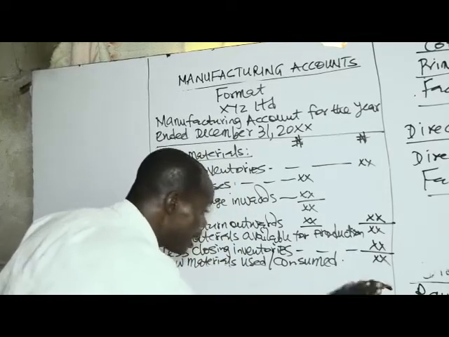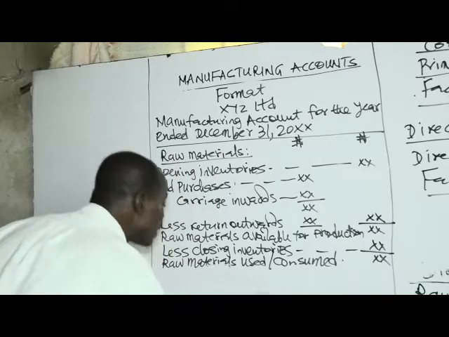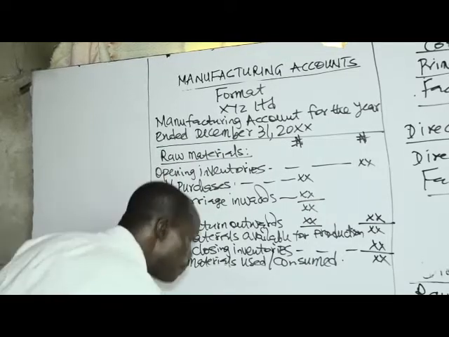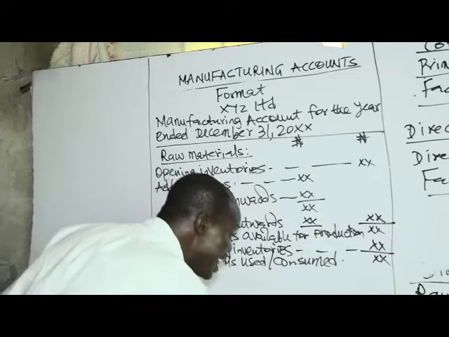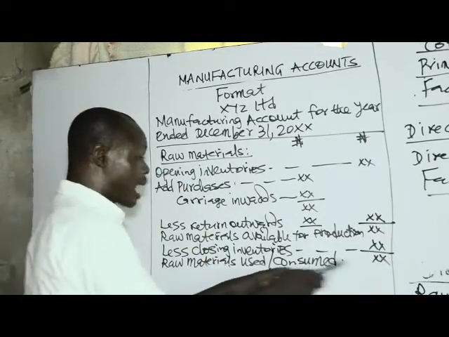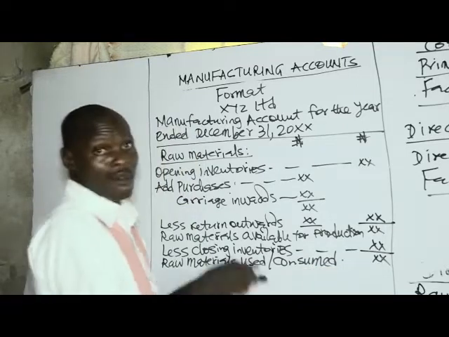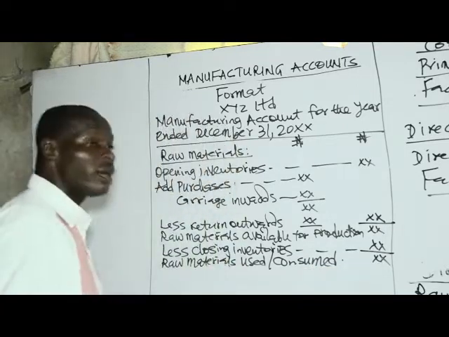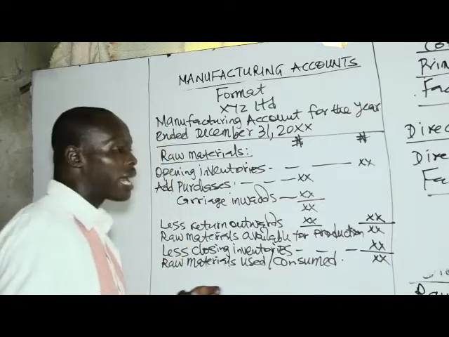And I've told you that the prime cost has three elements. Number one is the direct materials, which is the same as raw materials consumed or used, which you have ascertained. Then the next one is direct wages or direct labor.